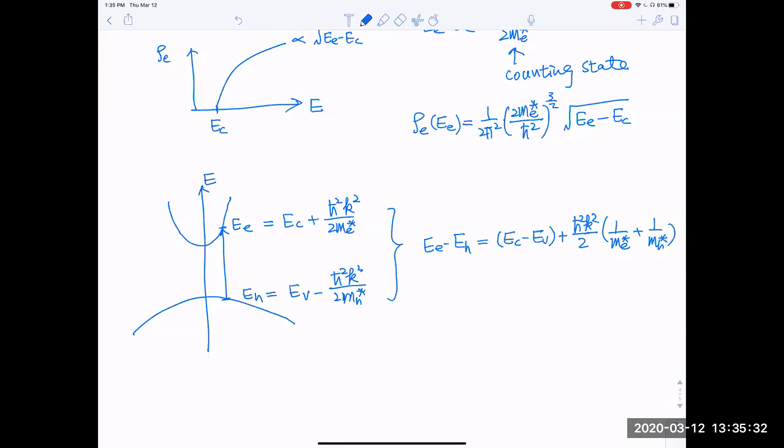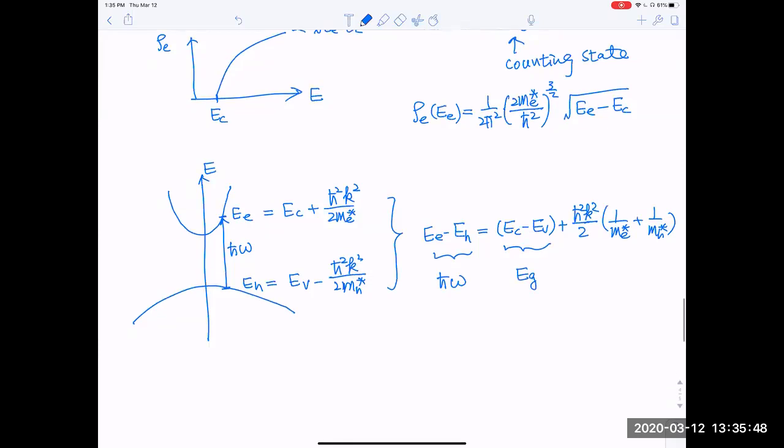Okay. The first term, for conservation of energy, is really equal to h bar omega. So this is h bar omega. E_C minus E_V is basically the band gap energy. For the third term, we will introduce a reduced effective mass of the electron-hole pair.